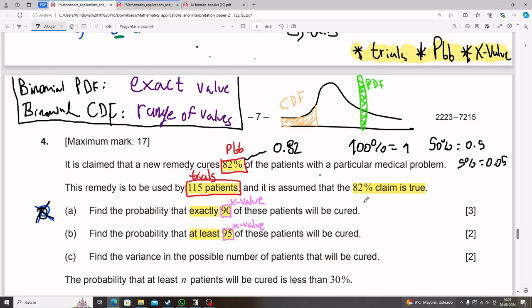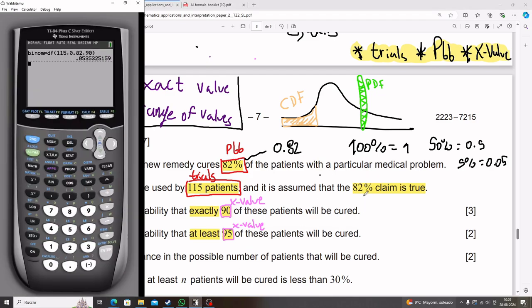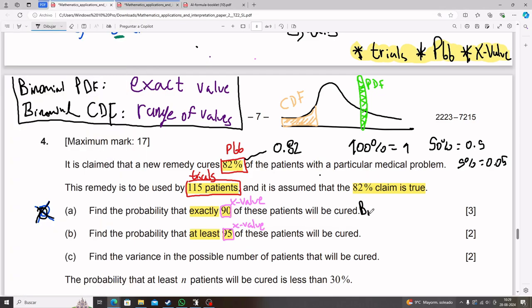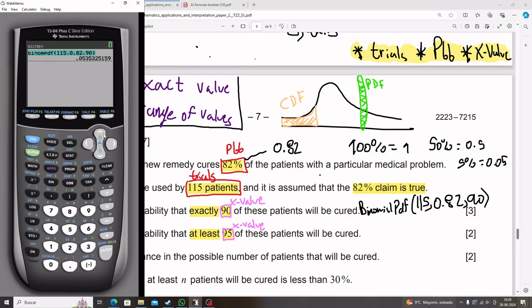Quite literally, in order to show your work, you're gonna put binomial PDF, and then in parentheses, all that stuff. So 115, 0.82, and 90. All this is telling you in parentheses, by the way, is that you went to binomial PDF, and the first thing it asks for, you put 115.